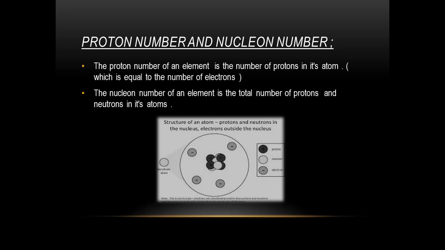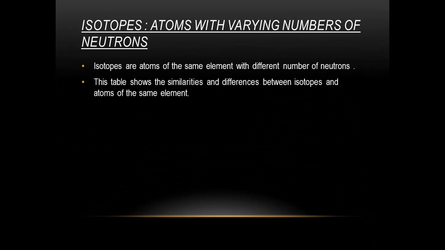And this is not the case for ions. Now you can see this diagram. In this diagram you can see the positive protons are present in the nucleus, neutrons are present in the nucleus, and the negatively charged particles, electrons, are revolving around the nucleus.